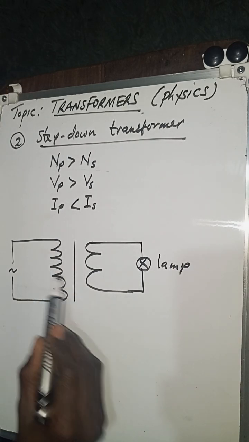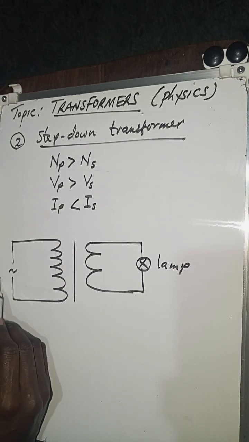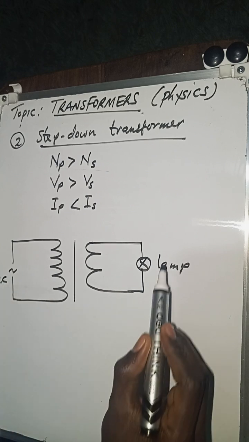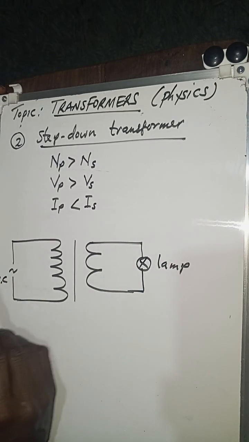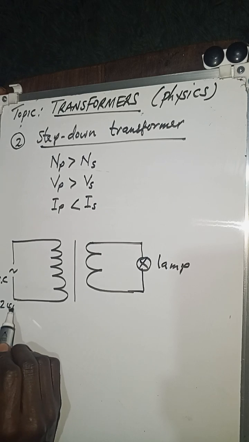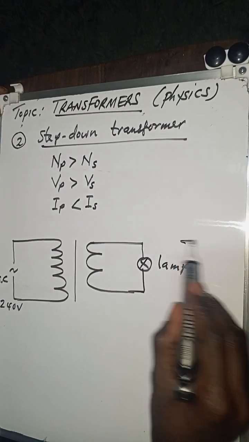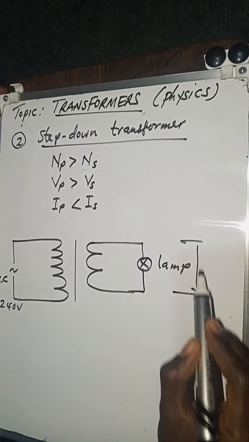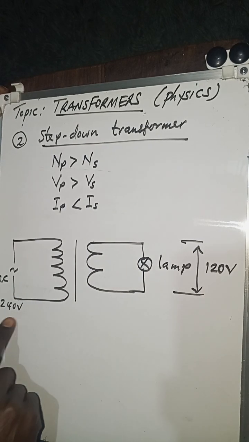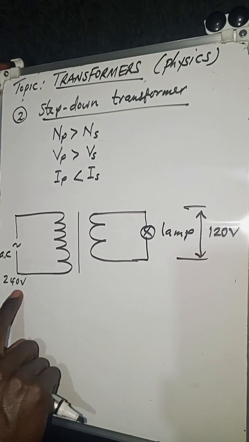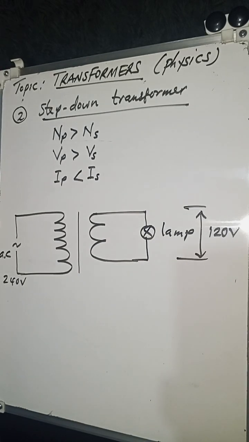So it simply means that if on this side I'm using 240 volts, the voltage across the secondary may simply be 120. So you can see the voltage in the primary is greater than the voltage in the secondary. This is what we call a step-down transformer.